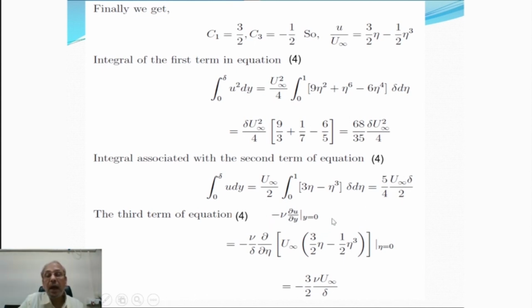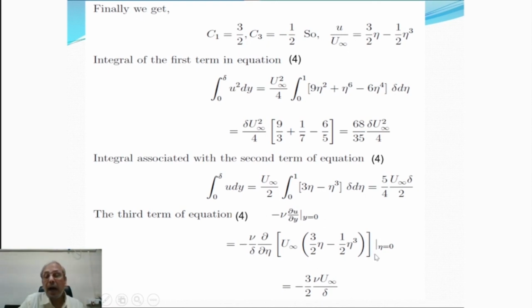Then the right hand side is minus nu del u del y at y equal to 0. When we express del u del y in terms of eta, it becomes del of this whole quantity by delta del eta.